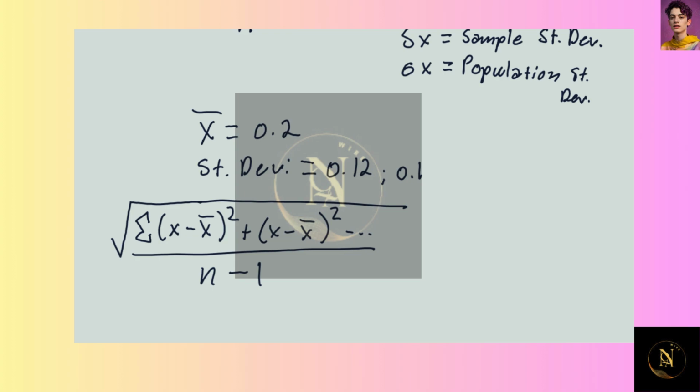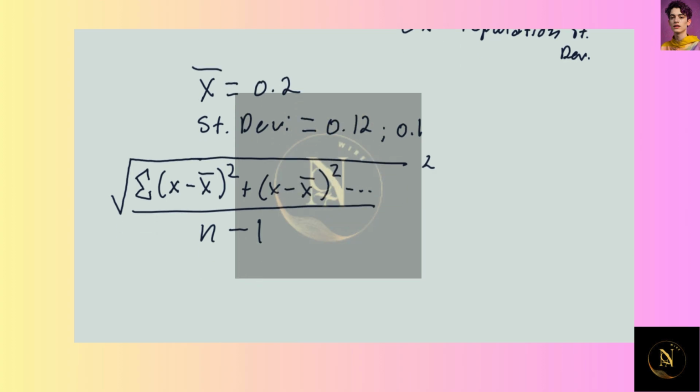Now when it comes to your variance, you solve it by basically squaring your standard deviation. Or if you're doing it from your calculator, there's another way: click second, then the stat button where you get your list, go across to math, and go down the arrow to variance.